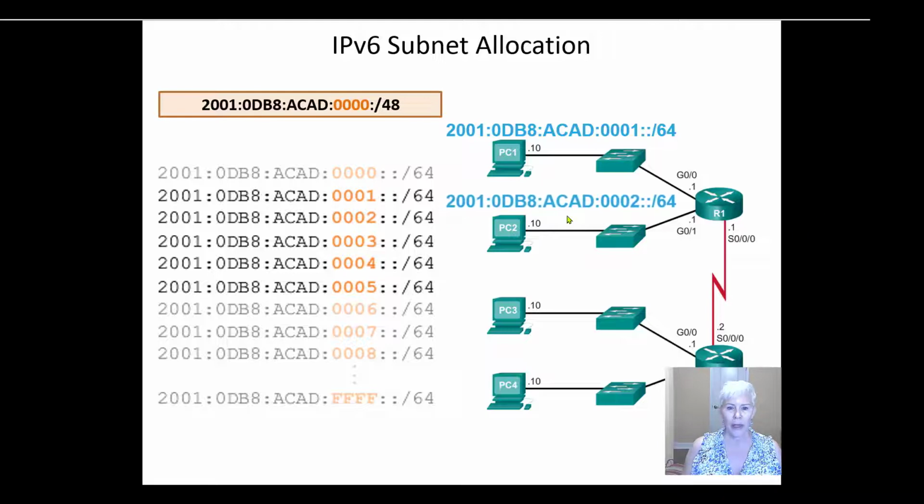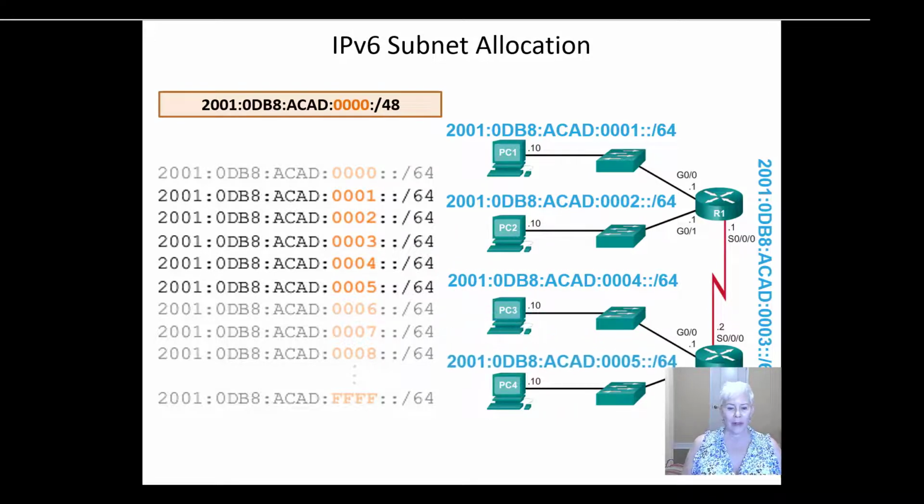If we keep going, here's our next network address. Remember my WAN links, that needs to have its own network address. So now I didn't use the 0, but I just started with the 1 to make it clear. 1, 2, 3, and then I'm going to address my next network and my next network.